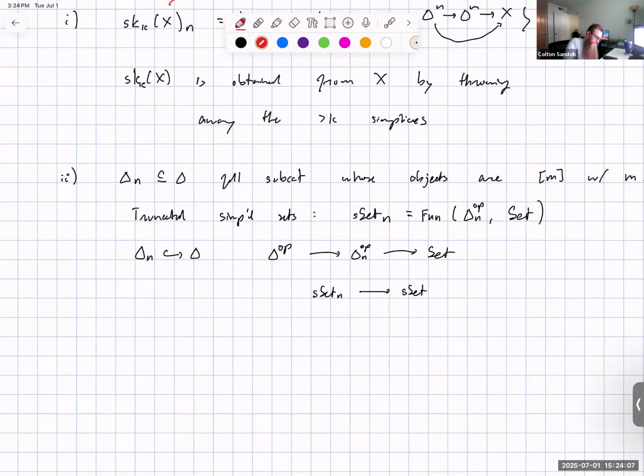But this also admits adjoints. Maybe not at this level. Both the left and the right. So it admits a left adjoint, and this will produce.